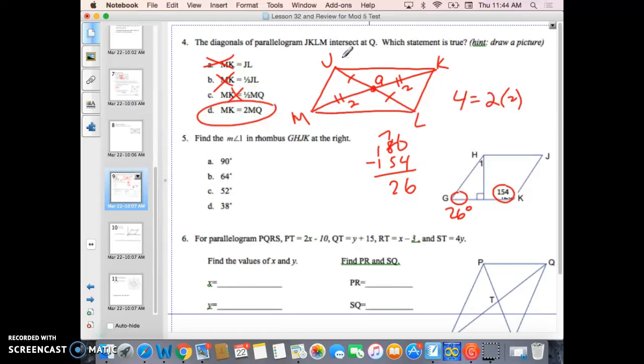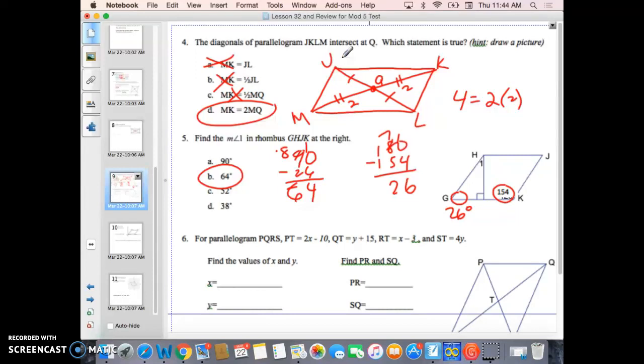I'm looking for the other one. So 26 plus what gives me 90 degrees. So I'm going to do 90, because I took 90 out of 180, minus 26, and that's 64. So the correct answer for this one is 64. Please note that on the test, the numbers are different, so don't just memorize this as the answer.